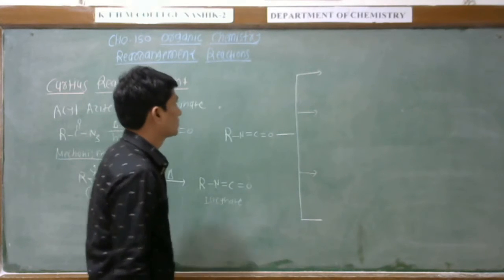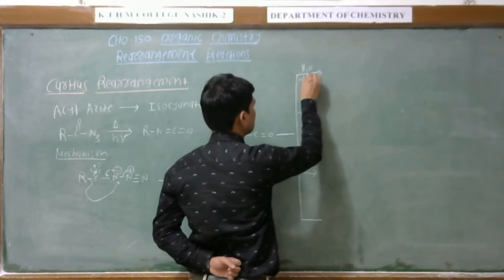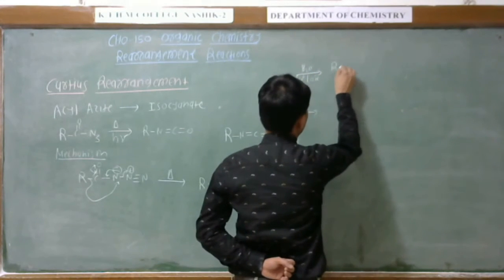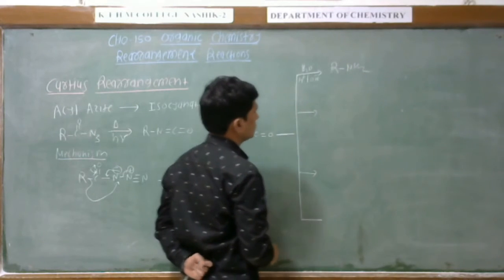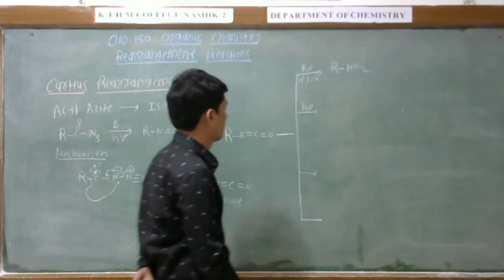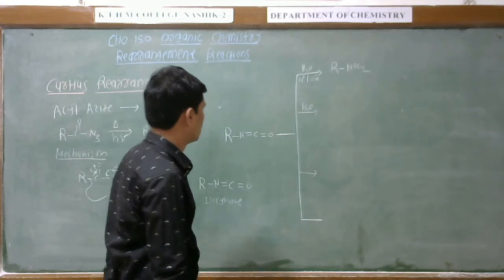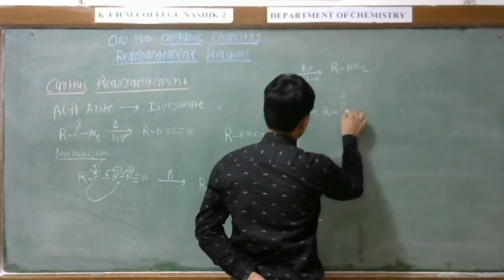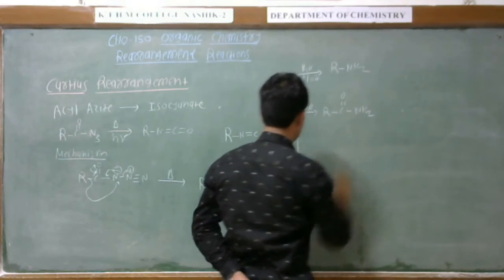When this isocyanate reacts with water in the presence of acid or base, it gives us the primary amine, RNH2. When it reacts with water only, it gives us the amide. This is RC double bond O, NH2, the amide.